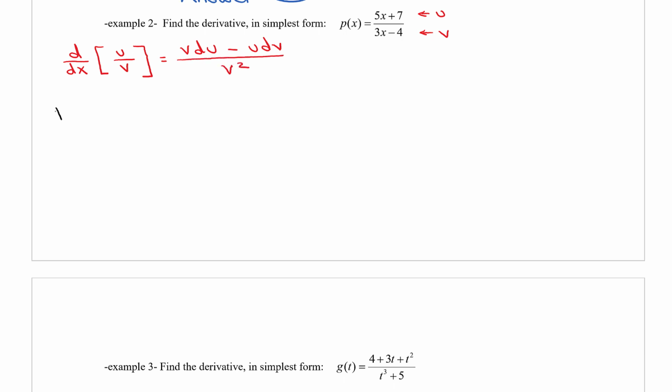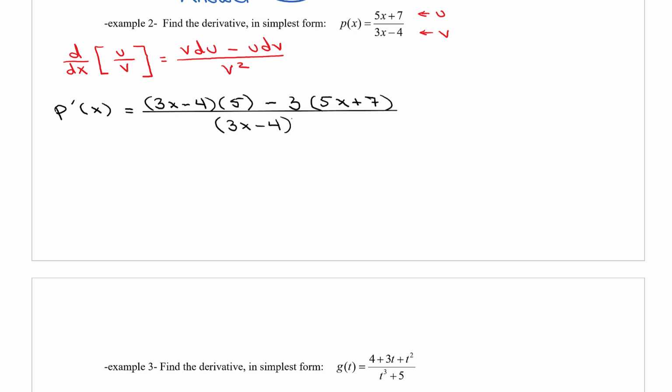Therefore, p prime of x is going to be equal to the binomial 3x minus 4 times 5, which is the derivative of our numerator, minus 3, which is the derivative of our denominator, times the binomial 5x plus 7, all over the quantity 3x minus 4, quantity squared.